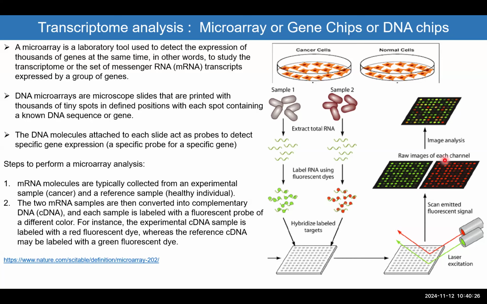Now, the microarrays are similar to a microscope slide, but on top of these slides, as you see these dots here, they are printed with thousands of tiny spots, and for each of these spots, we know the position, like 1,1, 1,2. Each one of those has a cDNA that is specific for a gene.